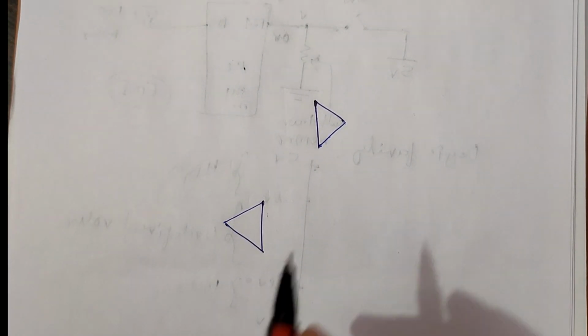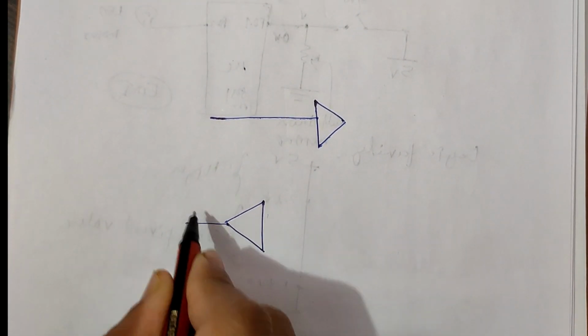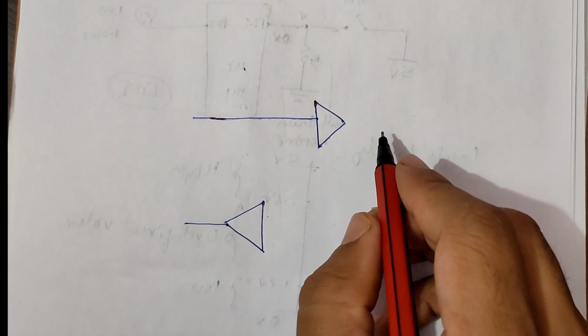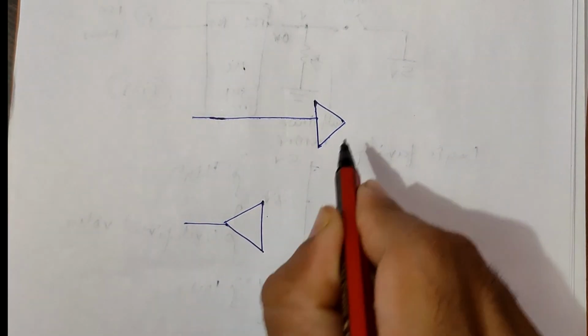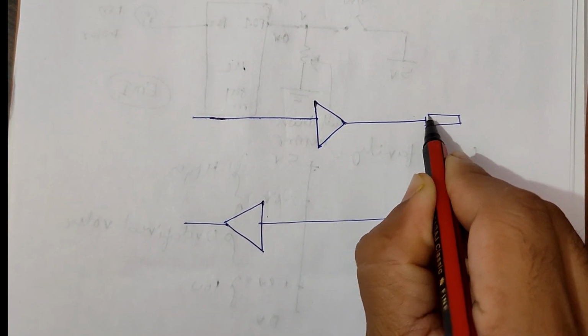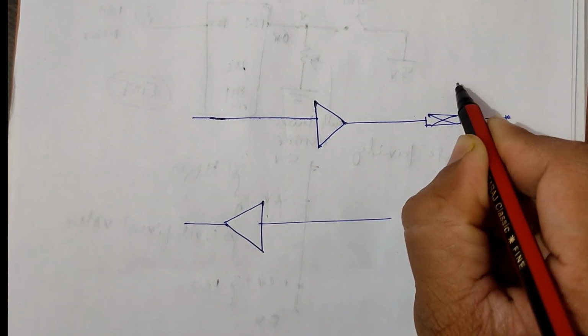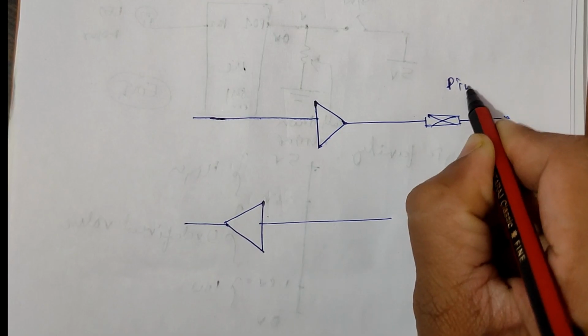I am connecting a line here and a line here, then both are connected to the pin. This is the external side. This is a pin.